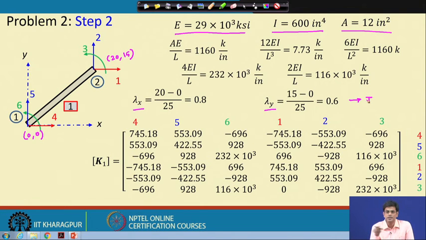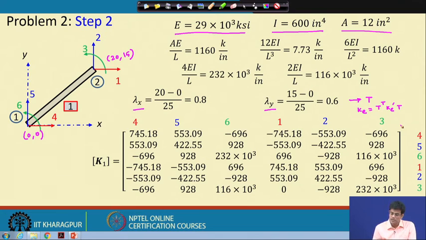The procedure is pretty similar to the previous case, where essentially K E we write as T transpose K E prime T. With this we can get the final stiffness matrix. Now in this stiffness matrix, the first 3 columns and first 3 rows correspond to 4, 5, 6 degrees of freedom, and the last 3 columns and last 3 rows correspond to 1, 2, 3 degrees of freedom.